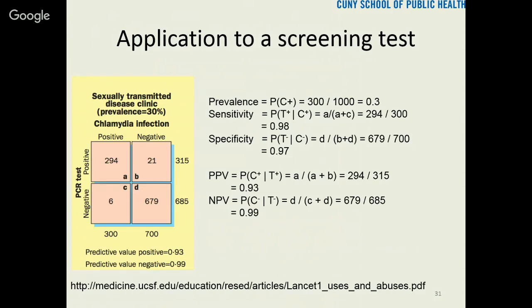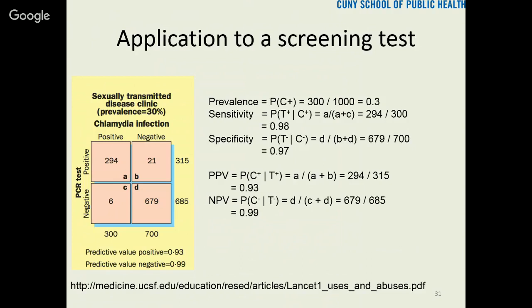The key thing about what we've done here is that it allows you to take these intrinsic properties of a test, the sensitivity and the specificity, use those as the likelihood in Bayes' rule along with the prevalence of a disease in the population, and calculate these posterior probabilities of having the disease or not having the disease, the NPV and the PPV.